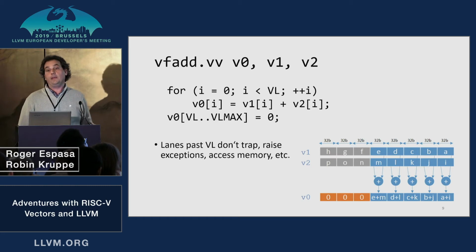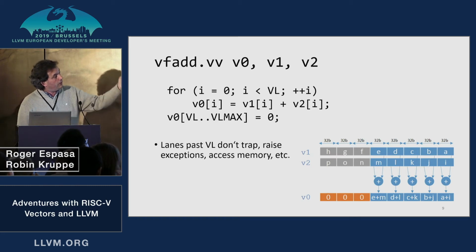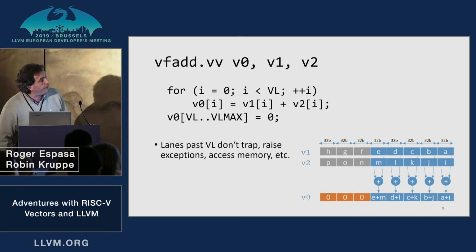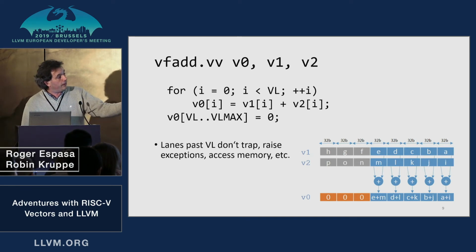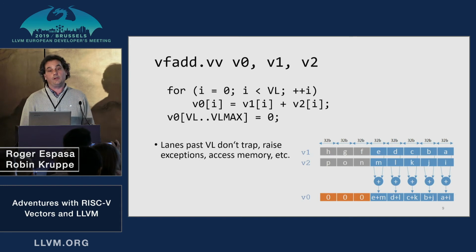Everything is controlled by the active vector length, which is VL. And as you see in the picture, if VL in this example is 5, only the first 5 elements of the computation are done. The other elements, the other 3 all the way to 8, are not done, and in this case are defined as 0, right?